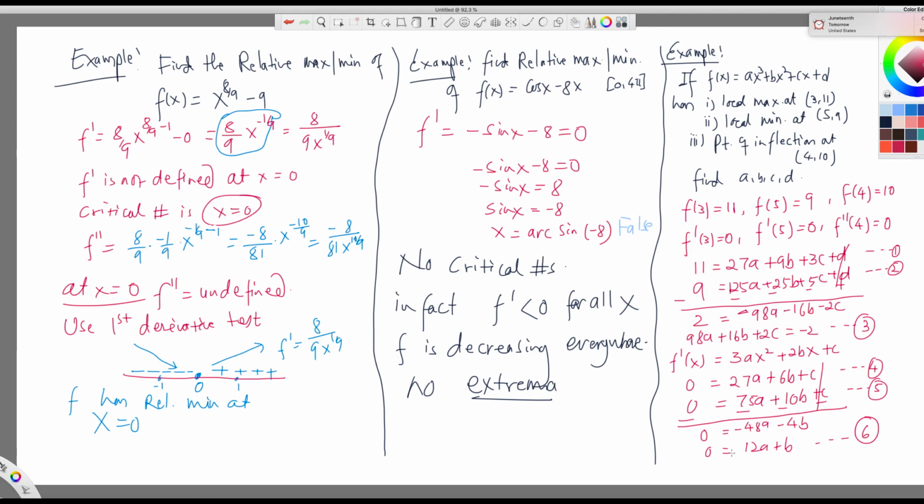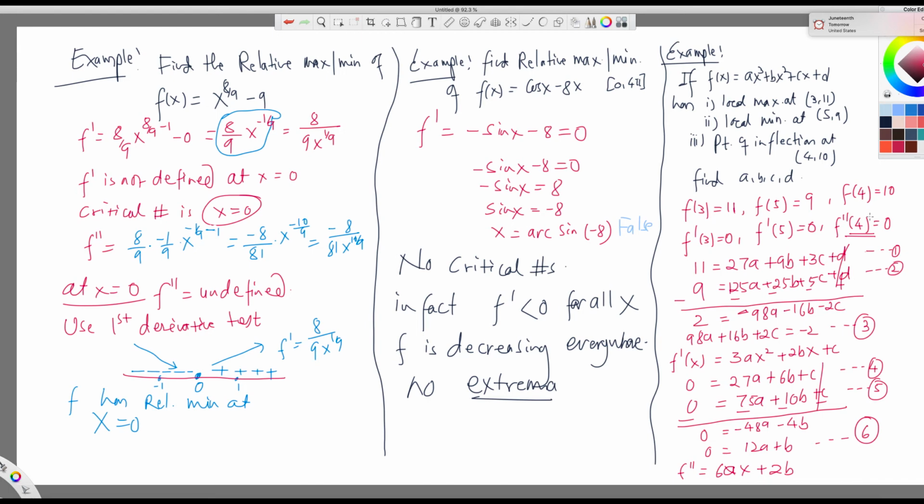Now what we want to do next is use that information: f double prime of 4 equals 0. What is f double prime? I'm running out of space, but let me find f double prime. You get c out, right? So that will be 6ax plus 2b.